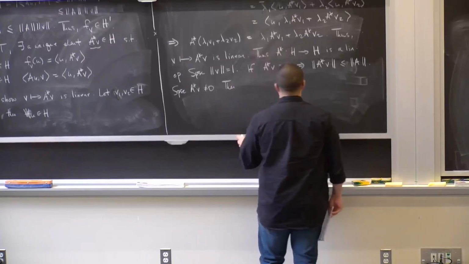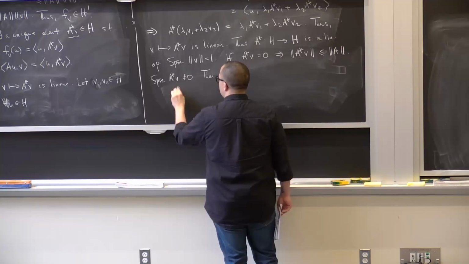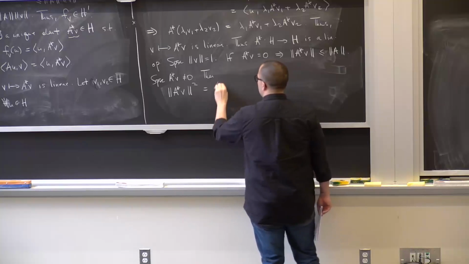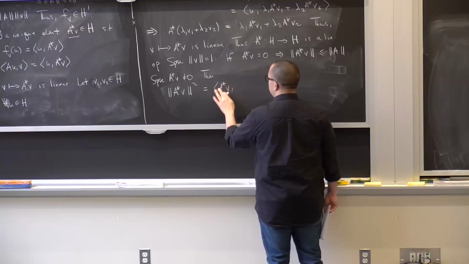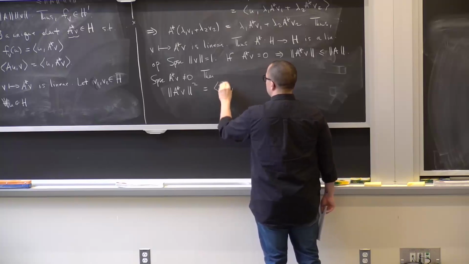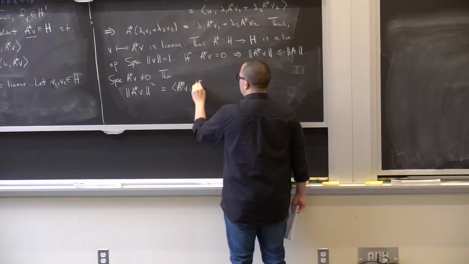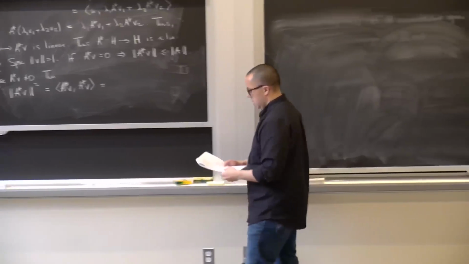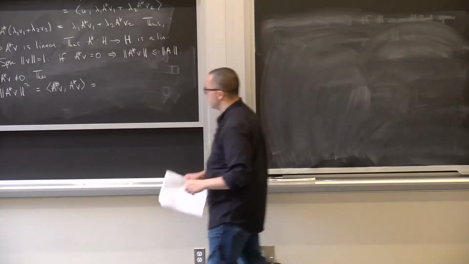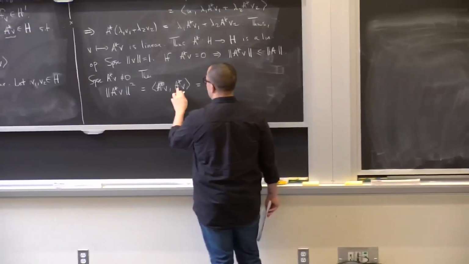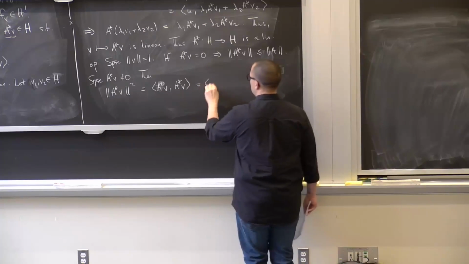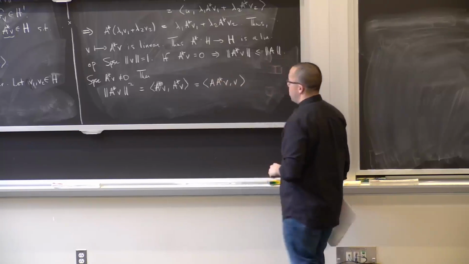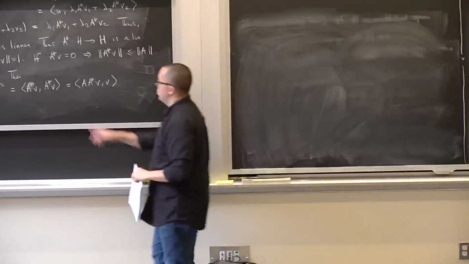Then if I take the norm of A star v squared, this is equal to the inner product of A star v with A star v. Now, by the definition of the adjoint, this is equal to (A A star v, v), taking this A star and moving it over here.